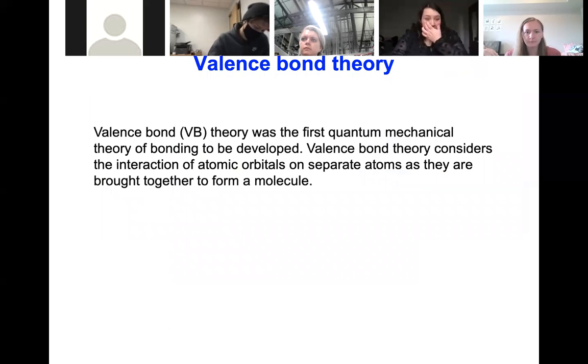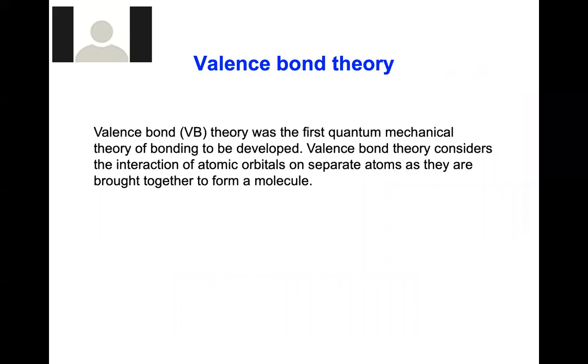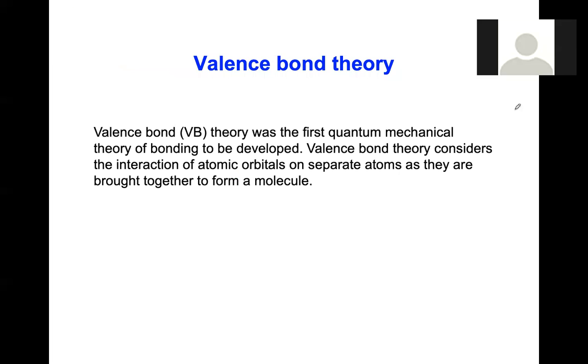All right. So I'm going to quickly introduce valence bond theory. I think that's the last topic for this class. Valence bond theory is a quantum mechanical theory to deal with bonding interactions between atoms within a compound or ions.